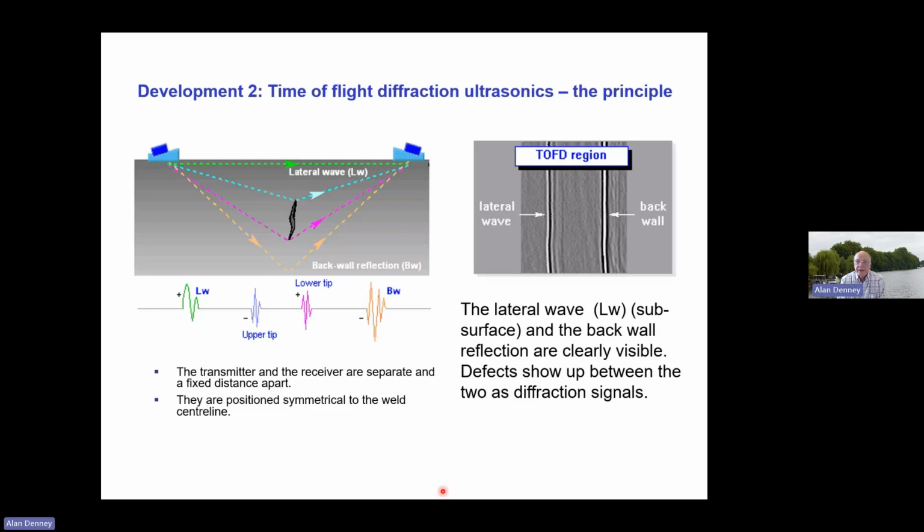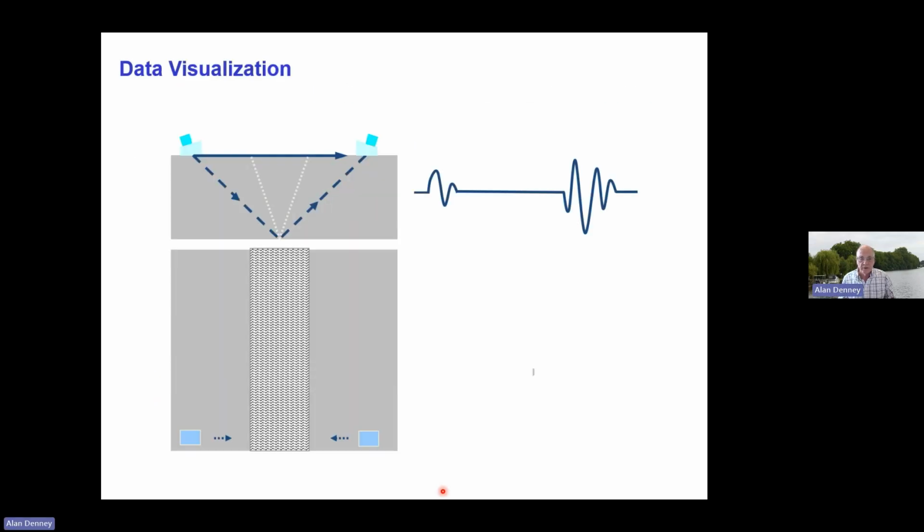So now we look at this. This is what you're seeing on the screen. You're seeing the lateral wave, the green wave in the other image, and you're seeing the back wall echo. They're clearly visible, and defects show up between the 2 as the diffraction signals. I'll just try and give you a simulation of that.